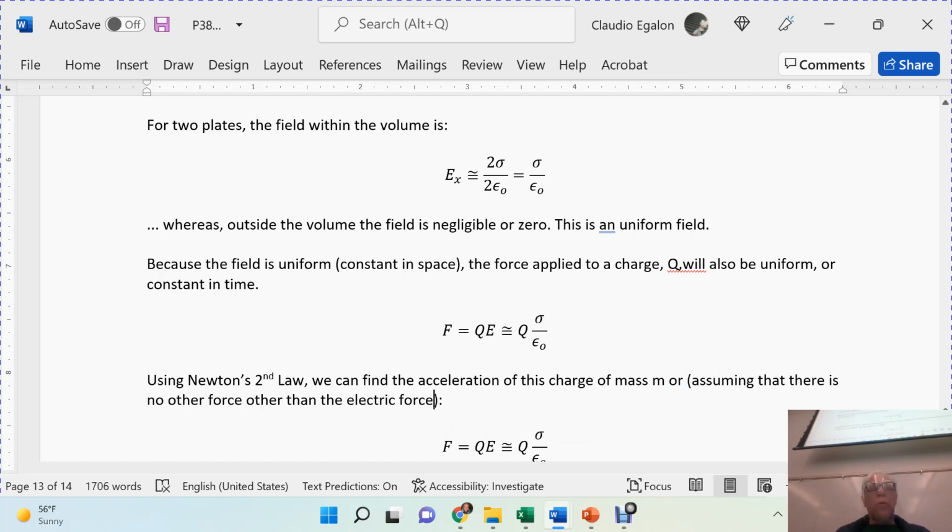As I mentioned to you before, don't forget, the electric force rules supreme in the microscopic world. In the microscopic world, the gravitational force is negligible, okay?